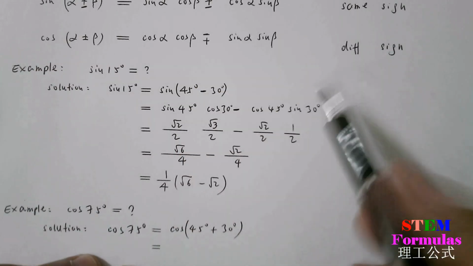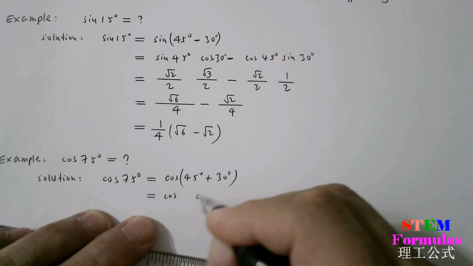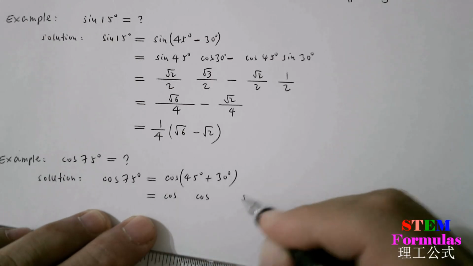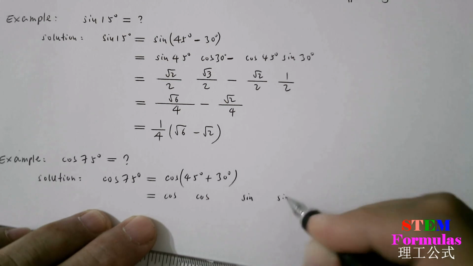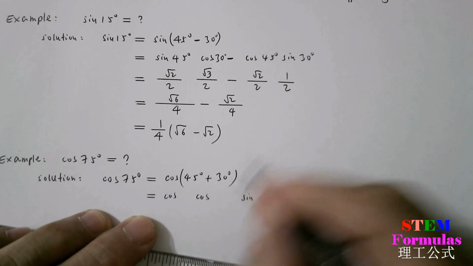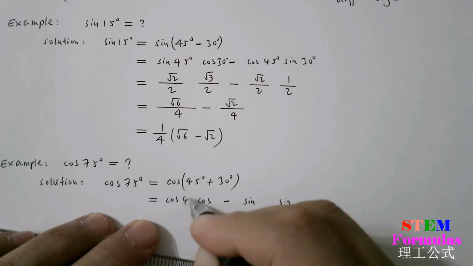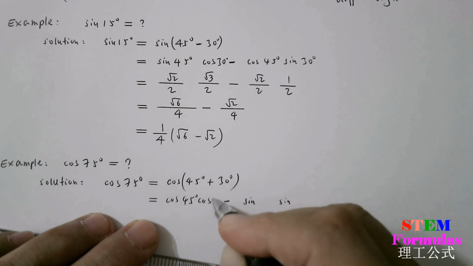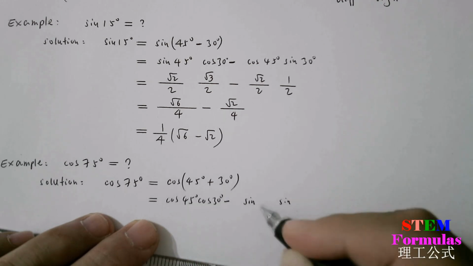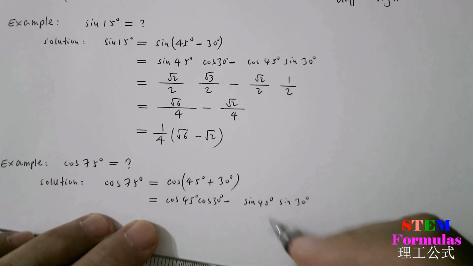cosine cosine, sine sine, different sign. Different sign means if this is plus, I have minus here. So 45 degrees, 30 degrees, 45 degrees, 30 degrees.